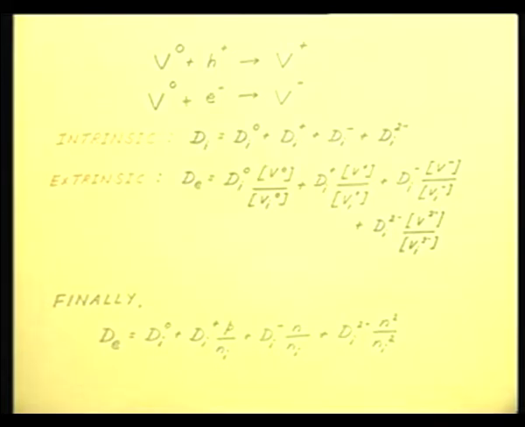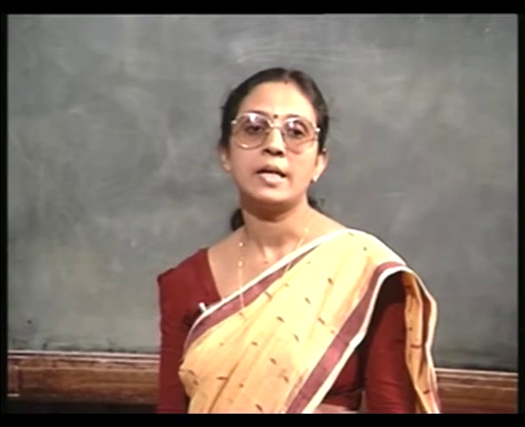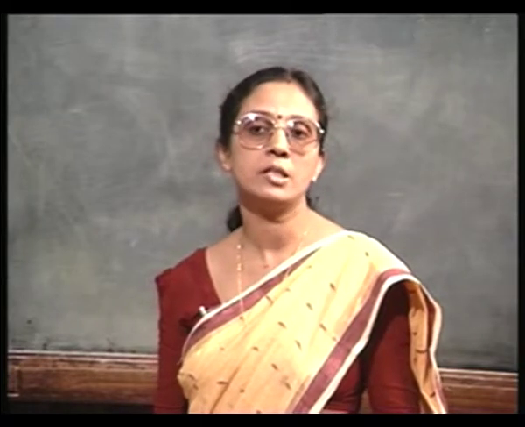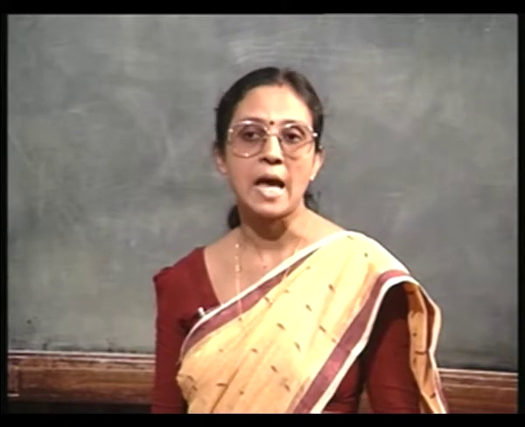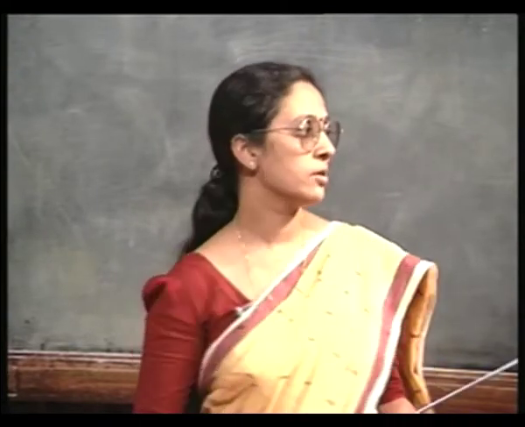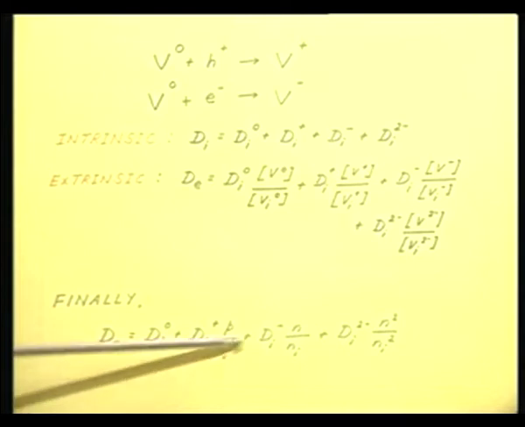So, I can therefore arrive at the expression for the extrinsic diffusion coefficient in terms of the intrinsic diffusion coefficient and the concentrations, right. Now, please focus your attention on this last line.